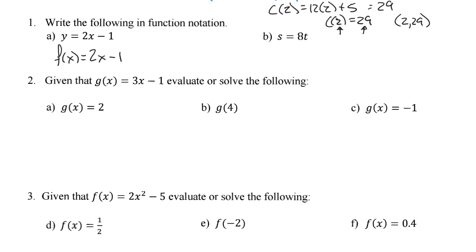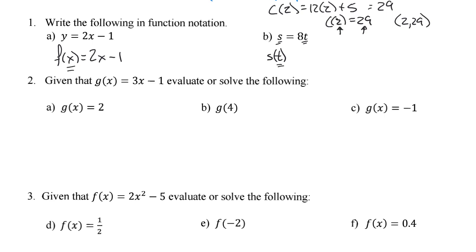For this next one here, notice that my dependent variable is s, and my independent variable is t. Now, because this isn't y and x, I can name this with the s there, the dependent variable, and make this s of t, because remember, I want to put the independent variable inside that notation.